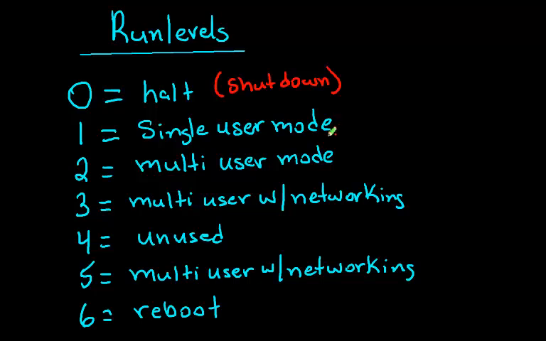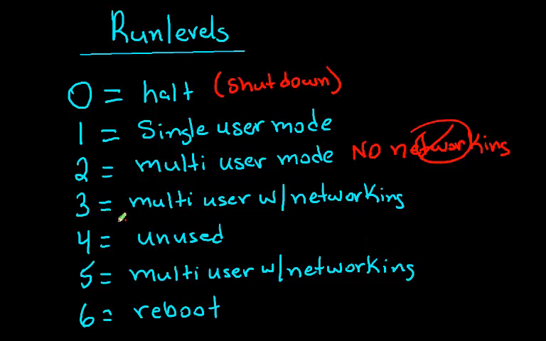Then there's run level 2, which isn't really used very often because it's multi-user mode, but it has no networking. So this is like safe mode, command prompt only, right? So no networking at all, none.